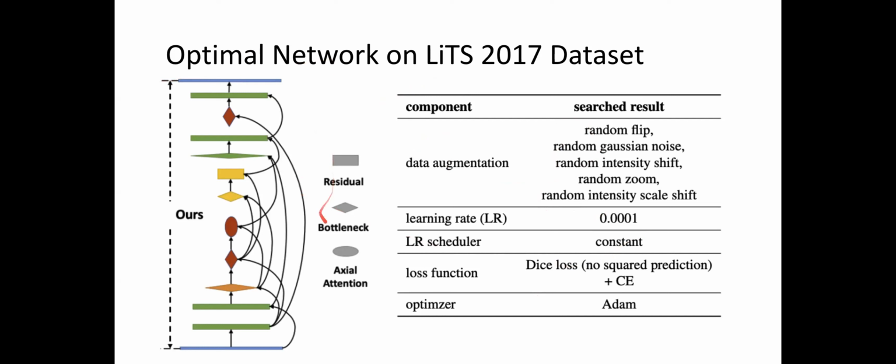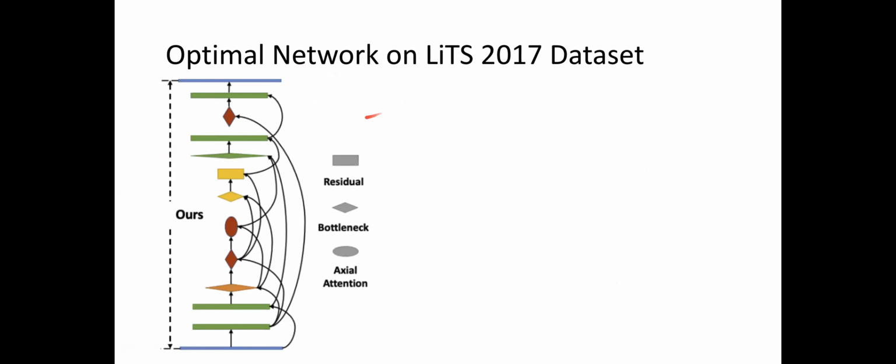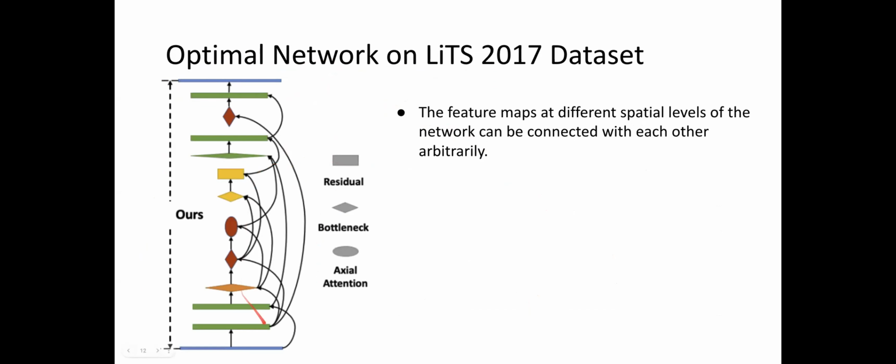So this is the network that they see, which is optimal for this LITS data set. If you see, feature maps from different resolutions are passed to the next layers. For this block, the inputs can come from the previous block, or they can also come from its predecessor.